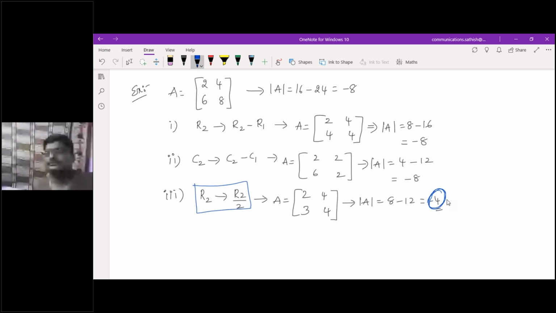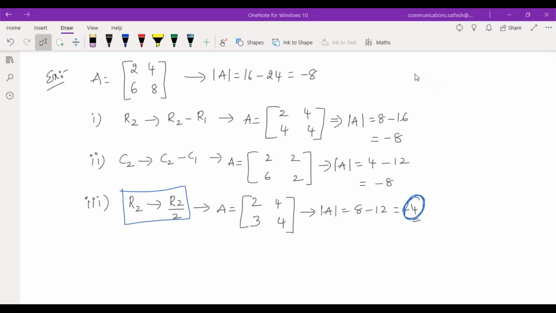So what happens to the determinant? If I'm performing R2 as R2 by 2, dividing by 2, the determinant is also divided by 2. You got my point? Yes, sir.